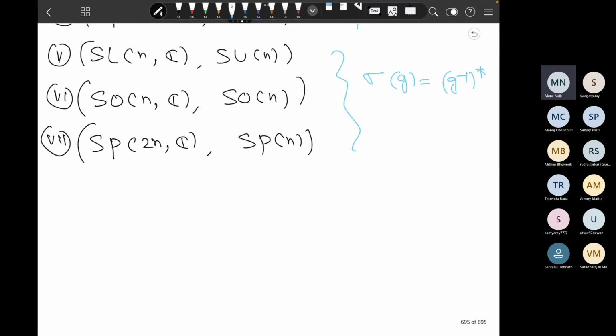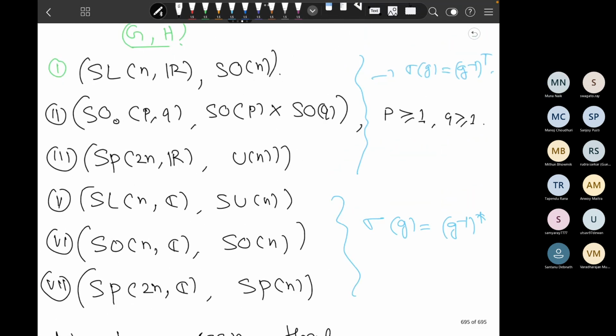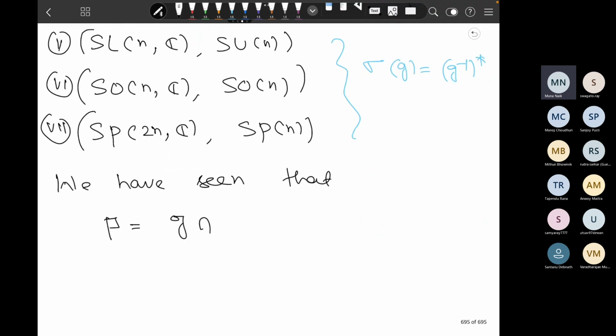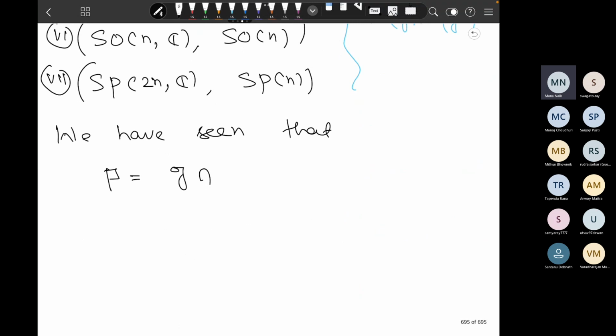So we have seen that we have described this P. P is equal to G intersection. In the case of the real things, for cases 1, 2, 3, we have G intersection Sn, where Sn is the set of all symmetric matrices.